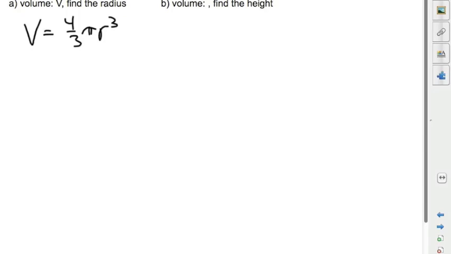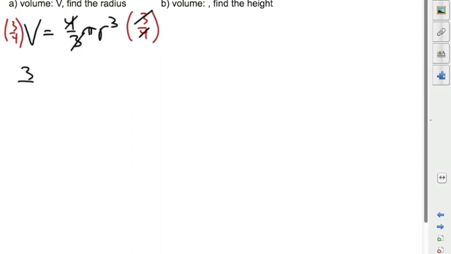Divide by 4/3 pi. So divide by 4/3. What's another way of saying that, really? Let's multiply by the reciprocal. So here I'm going to multiply by the reciprocal. By doing that, it gets rid of my fraction.